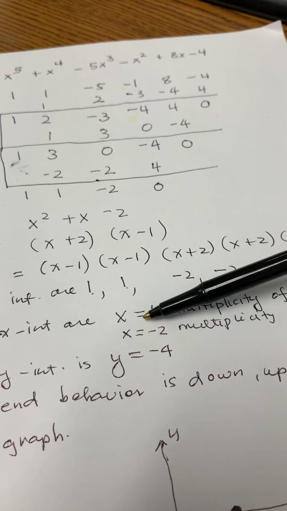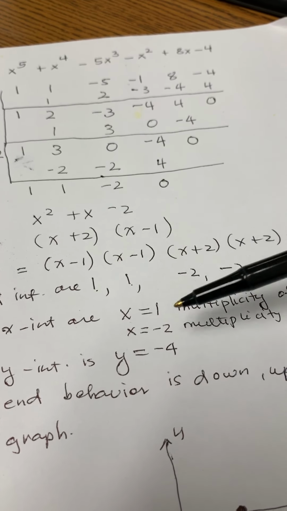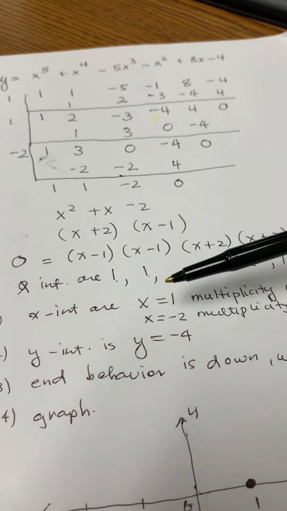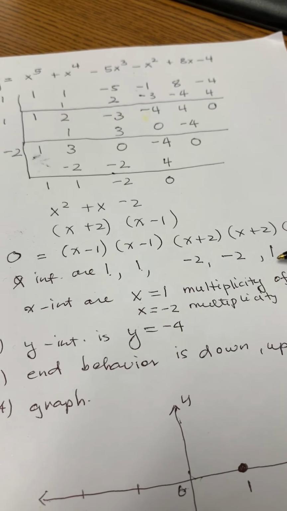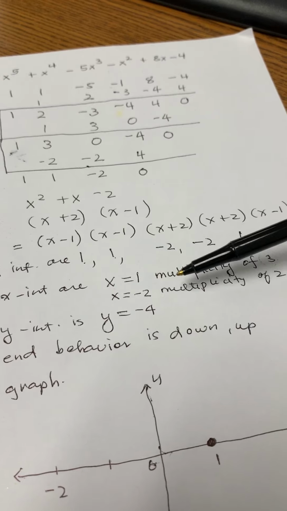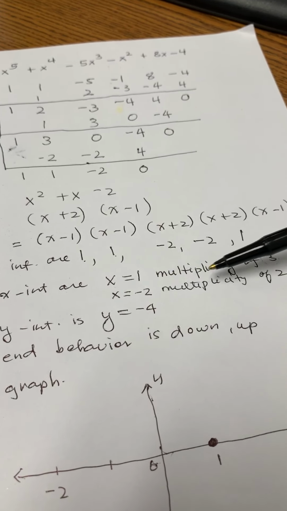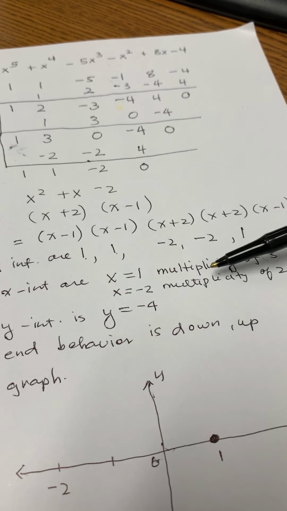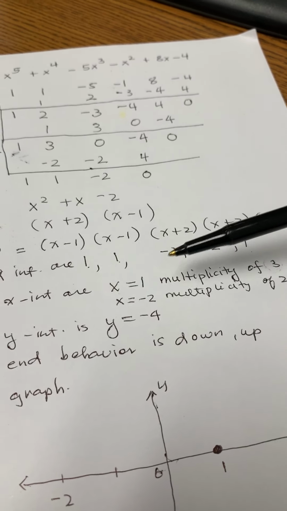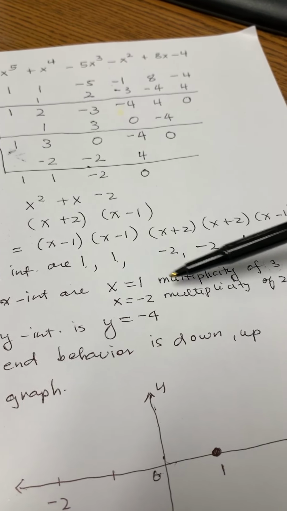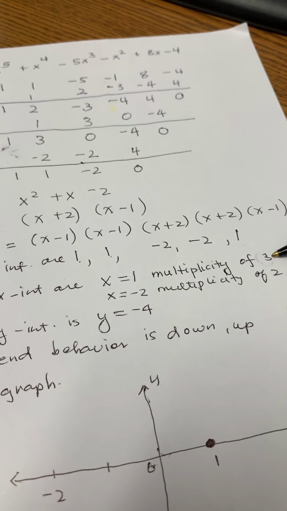Let's write it without repeating the numbers. So we say our x-intercepts are 1, but it is repeated 3 times. We will use this term multiplicity, meaning it's repeated 3 times. So the multiplicity of x equals 1 is 3.